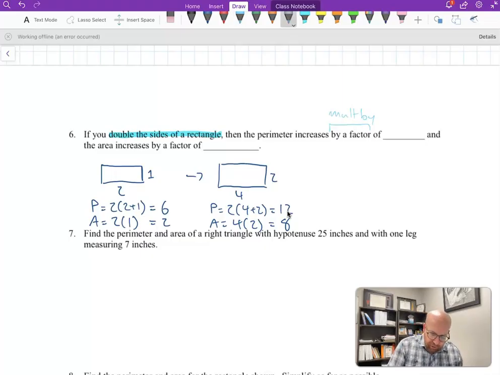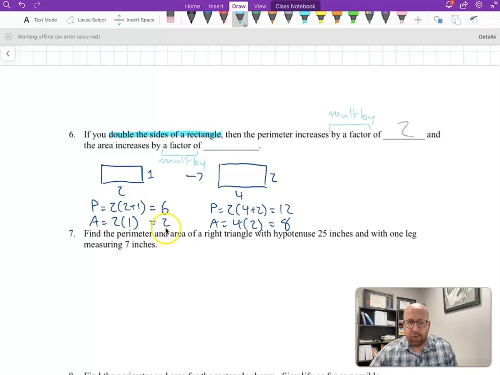Now I'm just going to put this in gray because I'm going to want to ask this question, does this always hold true? I mean, we can see that for this set of rectangles, is that always going to be true? Let's talk about the area. The area increases by a factor of, so by a factor of means that we are asking the question, multiply by what?